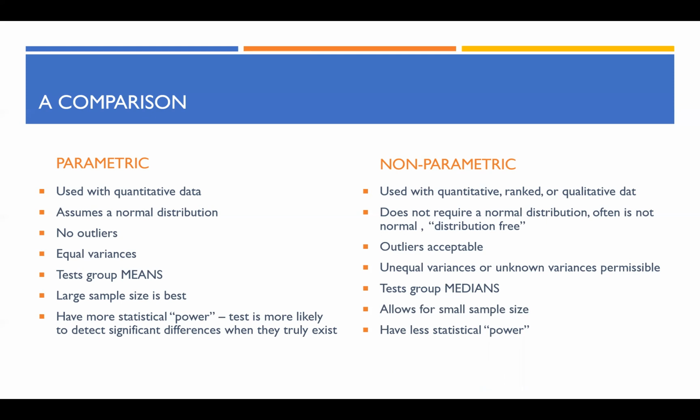So you have to make that decision based on what kind of data you have. Do you have a data set that has a lot of outliers? If you do, then maybe you want to do a non-parametric test as opposed to a parametric. The parametric tests, in a sense, that idea of having more power, are a little bit more accurate.